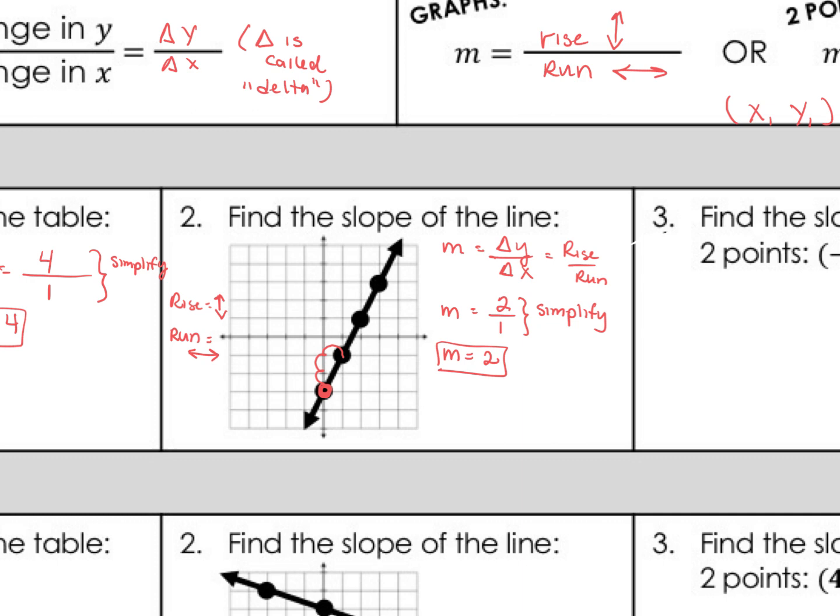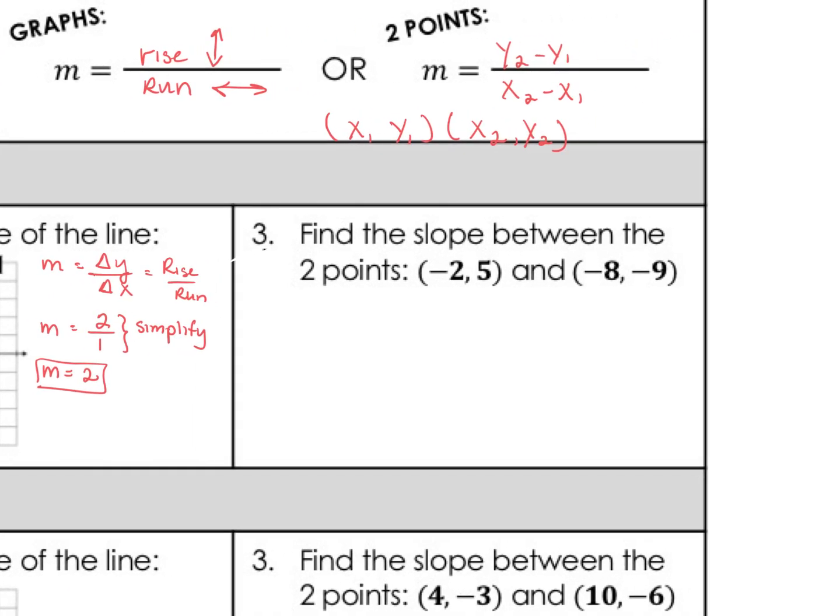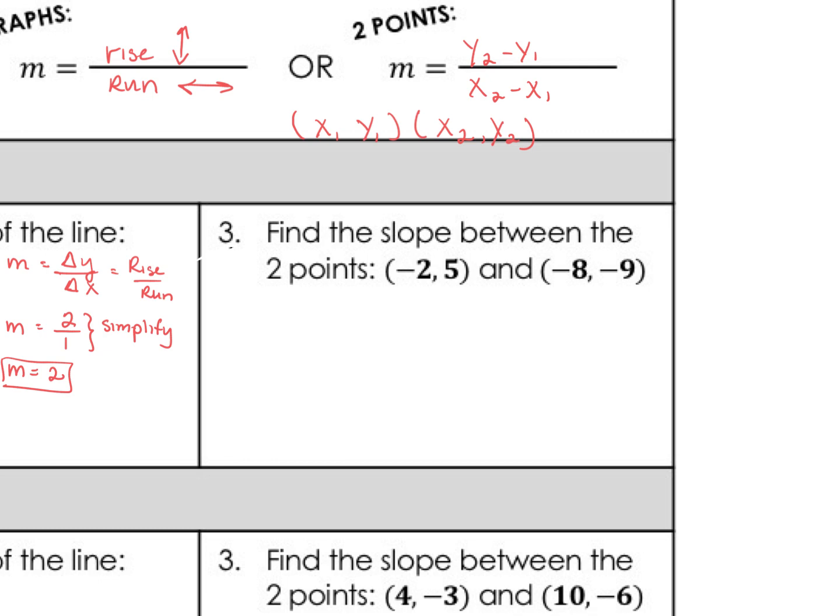Okay? And the last way to find the slope is finding the slope between 2 points. Again, we're going to label our points. So this is x1 and y1. This is x2 and y2. And now we're going to use the formula. Slope equals y2 minus y1 over x2 minus x1.